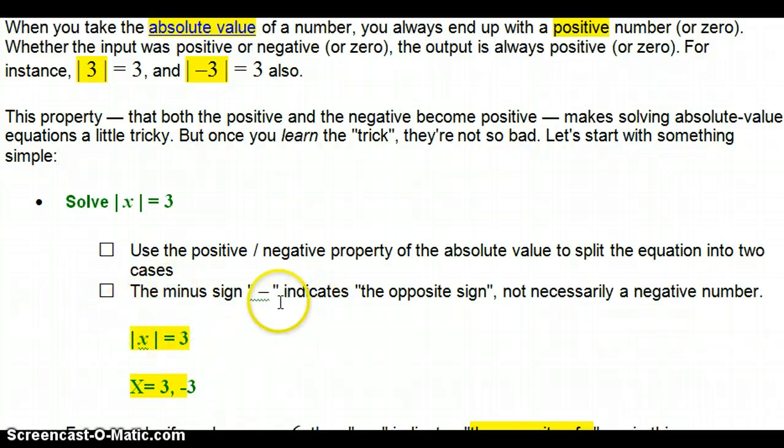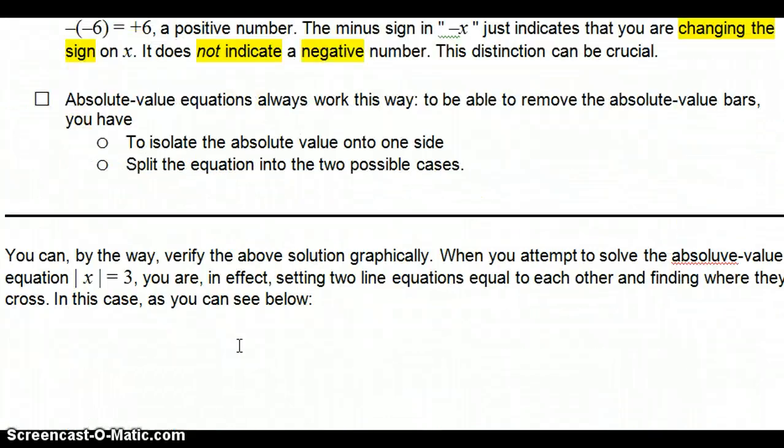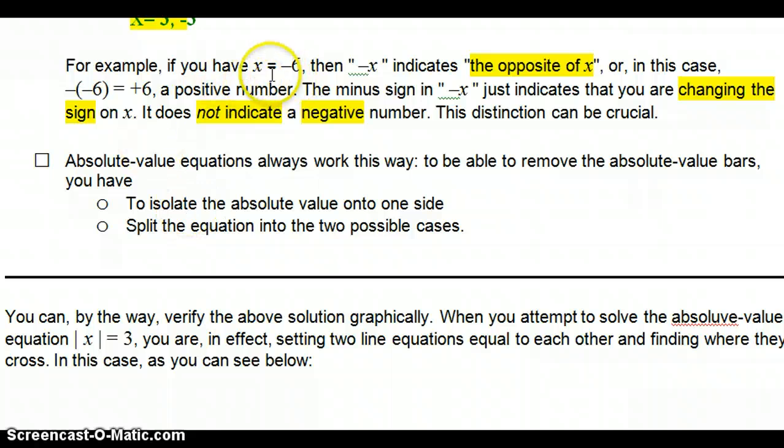The minus sign, negative, indicates the opposite sign, not necessarily a negative number. So remember, when you see absolute value, you should be able to put in a positive or a negative and always get positive. For example, if x equals negative 6, then negative x indicates the opposite of x, or in this case, negative of negative 6 equals positive 6.